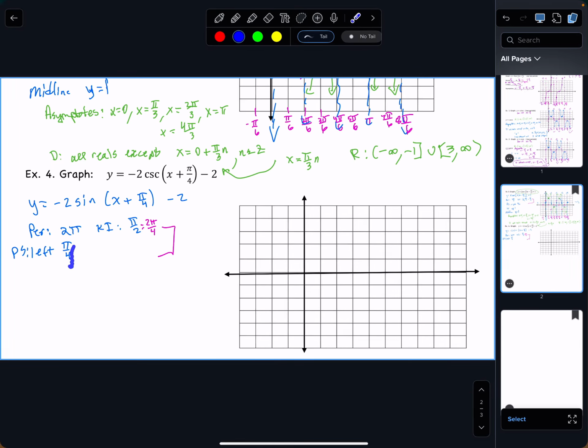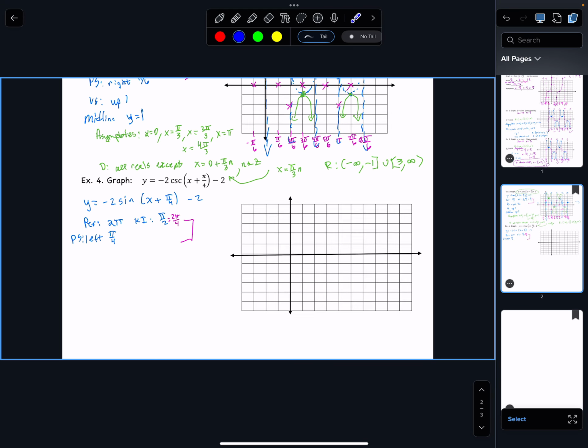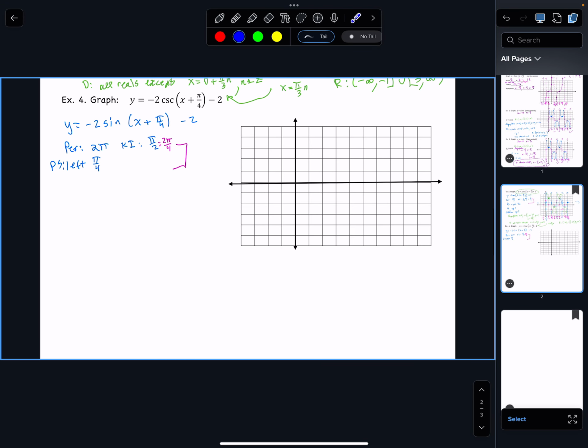And you want to grid it out according to their small common unit, which is a pi fourths. And you're also going to have a vertical shift of down 2. So for your key increments, you want to go by pi fourths.